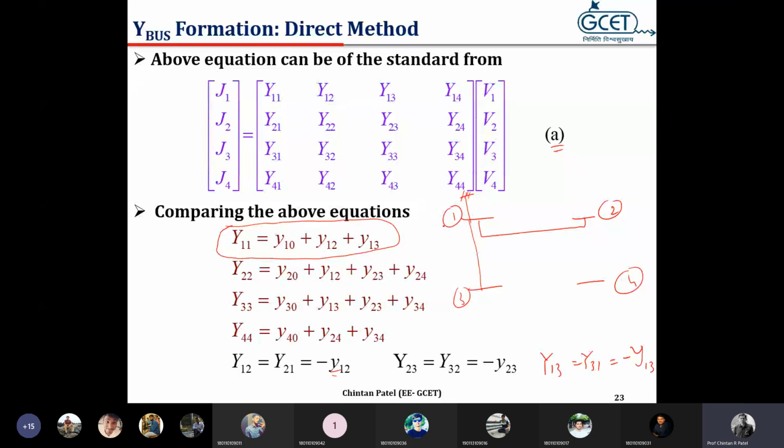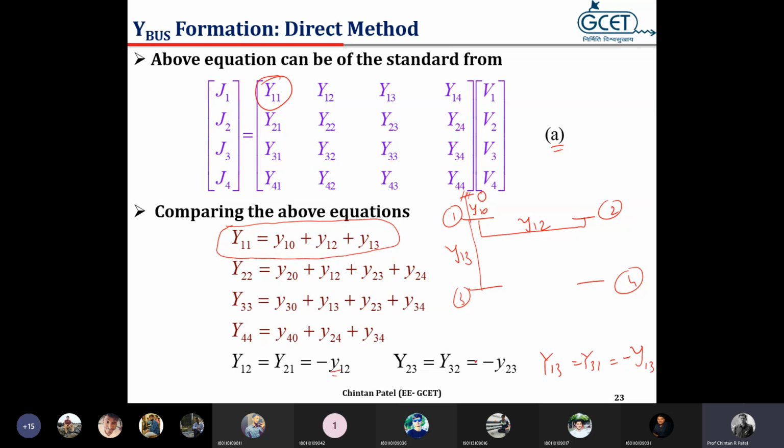So bus number 1 is connected with 3 other buses. Which are the 3 other buses? First is the ground node, another is bus number 2 and bus number 3. So Y11 is the summation of all the admittances connected with bus number 1.